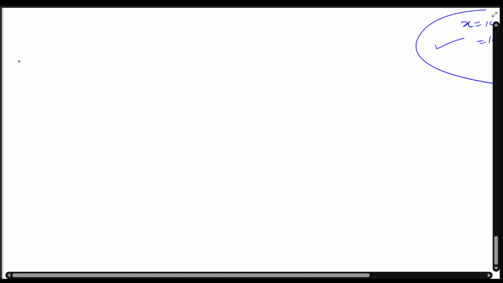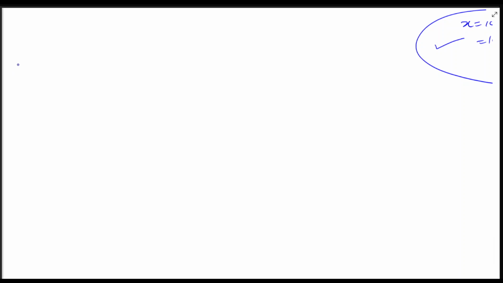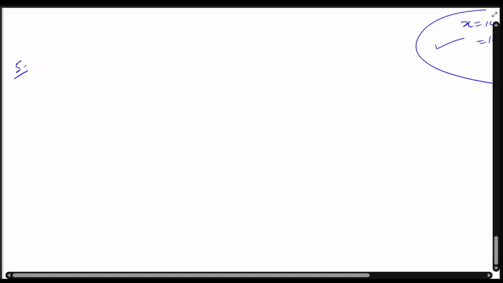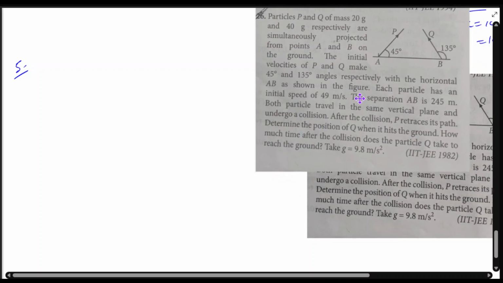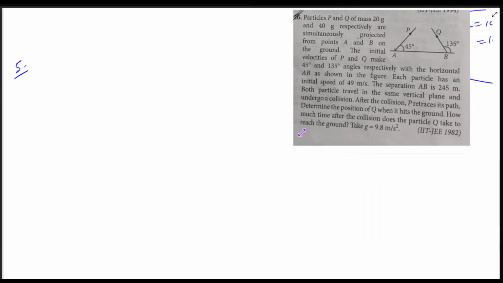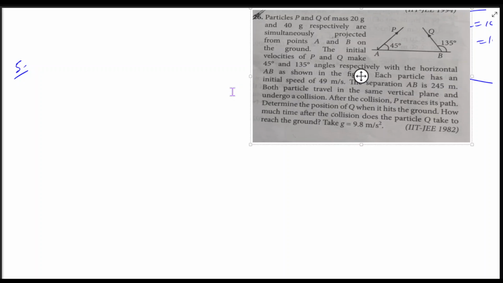Next, let's move on. We have done four, right? Let's move on to our fifth question. So this is our fifth question. Perfect. Now look, the particles P and Q. Again, this particle has mass m and this has mass 2m.